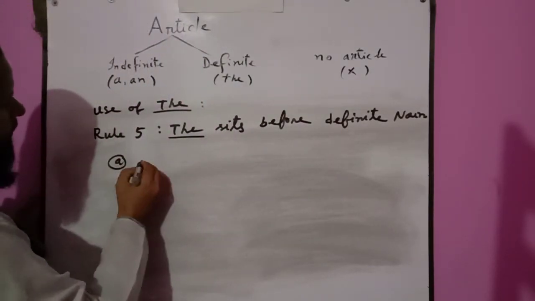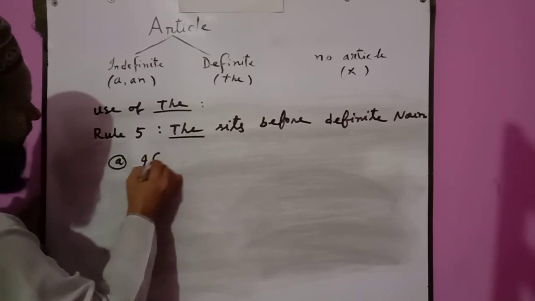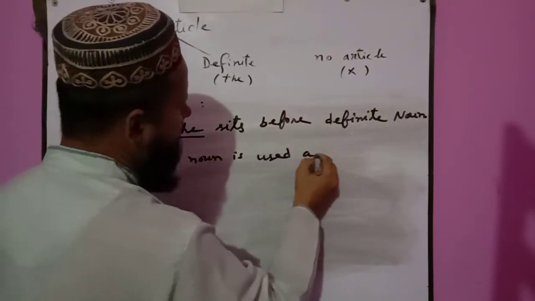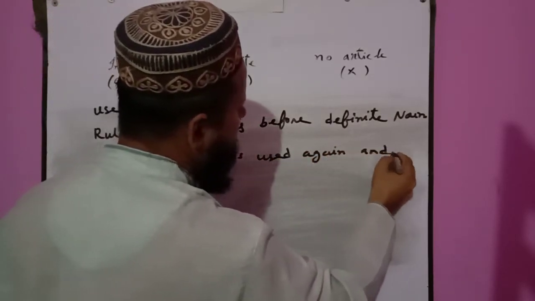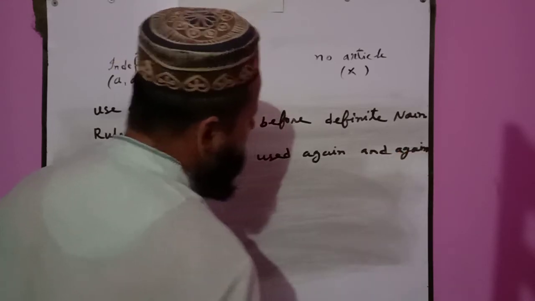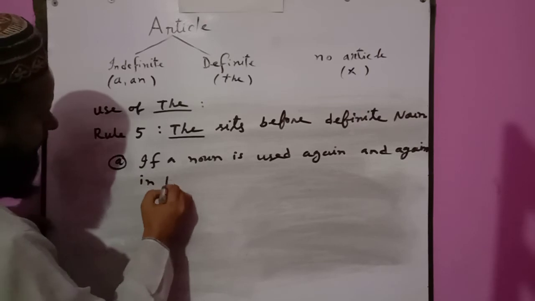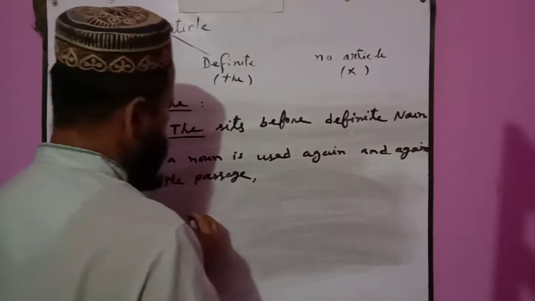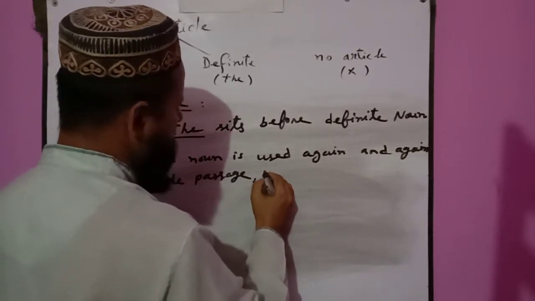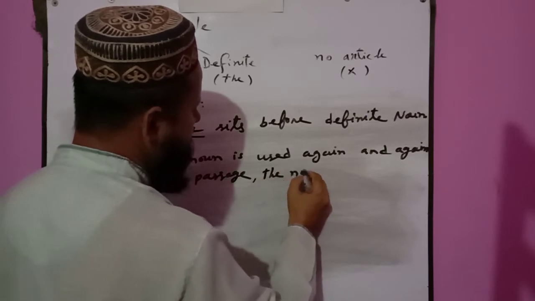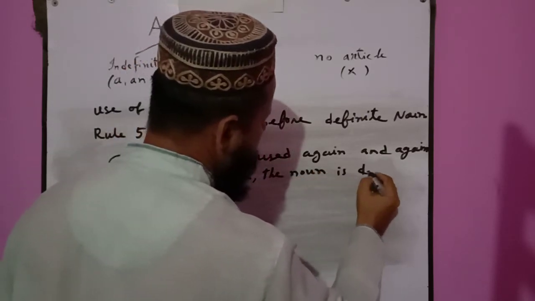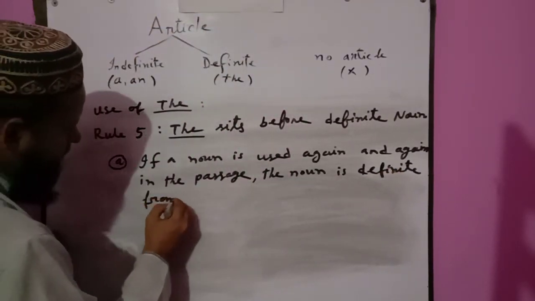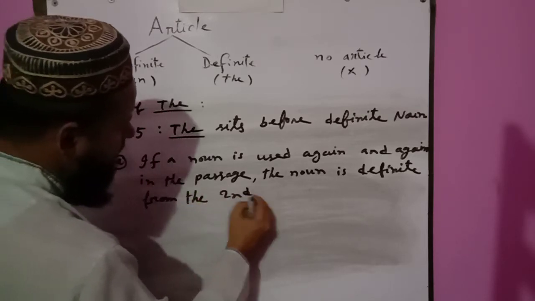You can write: if a noun is used again and again in the passage, the noun is definite from the second time.